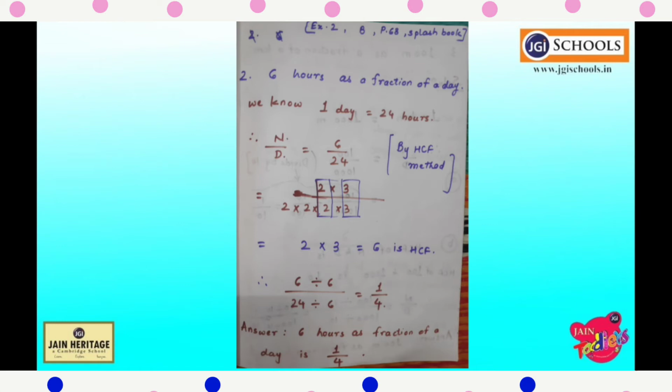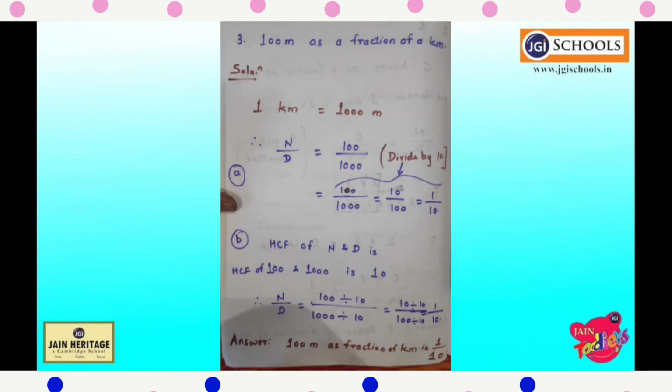So we are dividing the numerator and denominator by 6. So 1 by 4 is the required fraction. Okay. Now the third one, 100 meters as a fraction of a kilometer. You can say 1 kilometer equals 1000 meters. We know this thing. So the numerator is 100 meters and the total is 1000. So the answer will be 1 by 10. Okay.